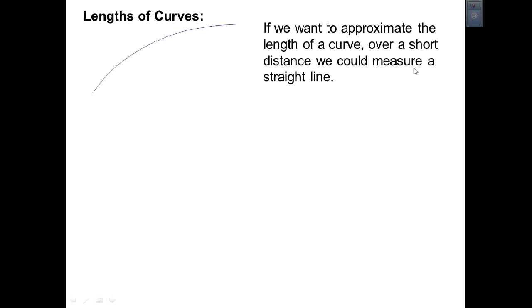Alright, so if we wanted to approximate the length of a curve over a short distance, we could measure a straight line. And this ds, the small length of a straight line, could be broken into dy and dx. A vertical component and a horizontal component.